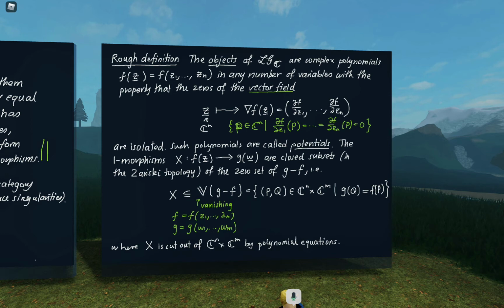Do you have this intuition sitting inside your head when you're looking at the more general context? So thinking about potentials as these polynomials that satisfy the conditions involving the exactness of the relevant Koszul complex, etc., and one-morphisms as matrix factorizations.